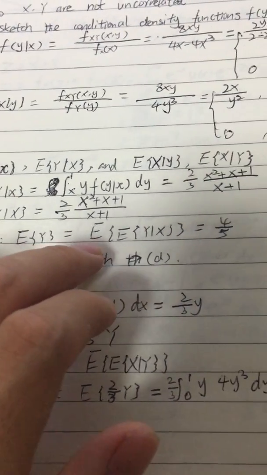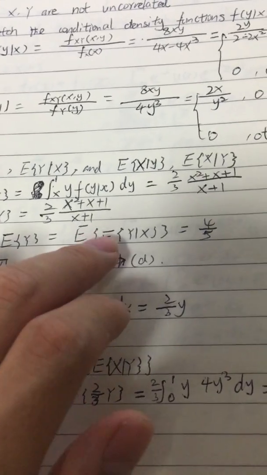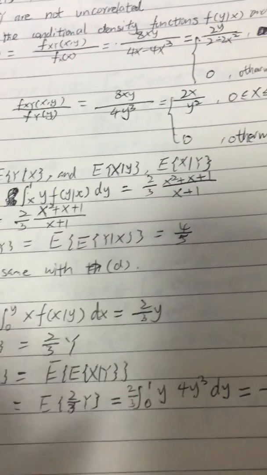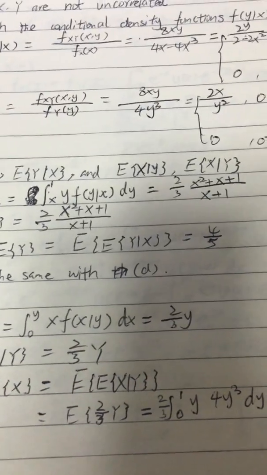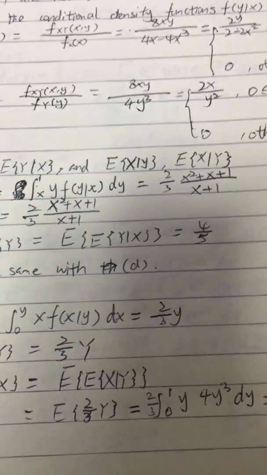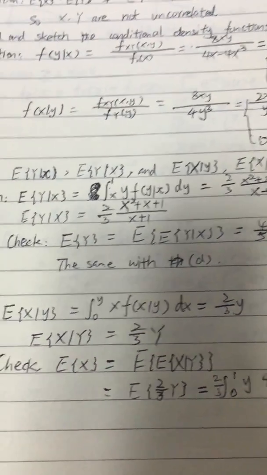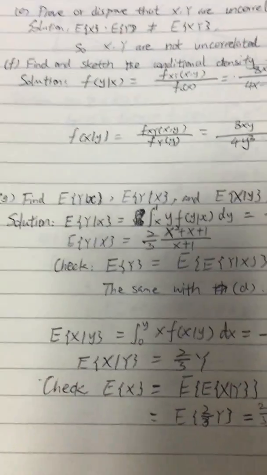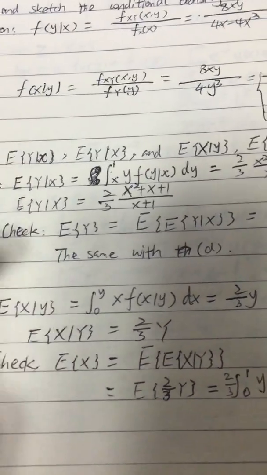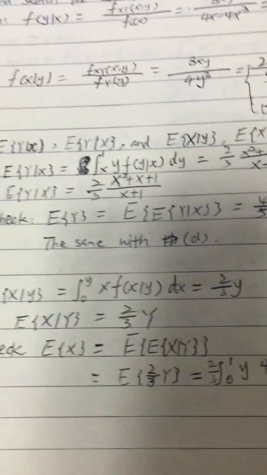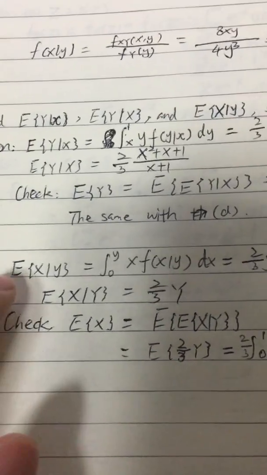And EY is equal to the expectation of y depending on x, and is equal to 4/5. It's the same as the result we solved before. So the result for y given x is correct.